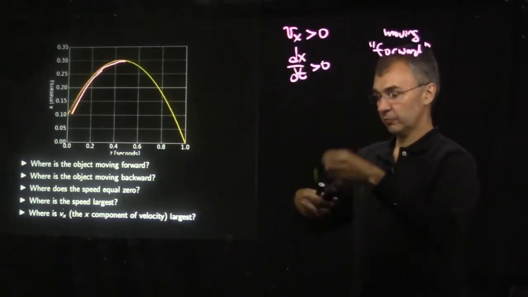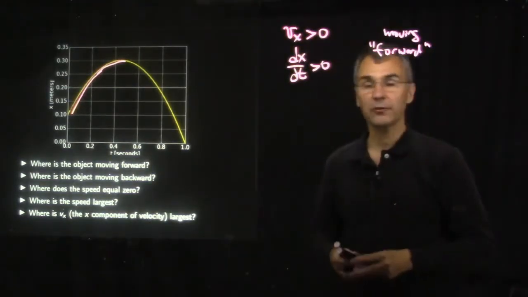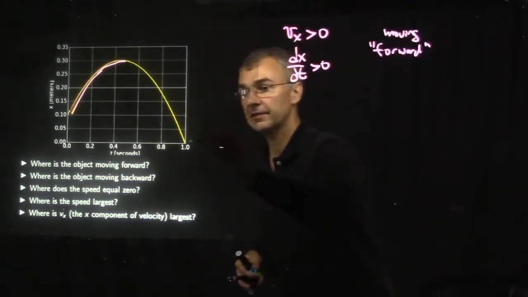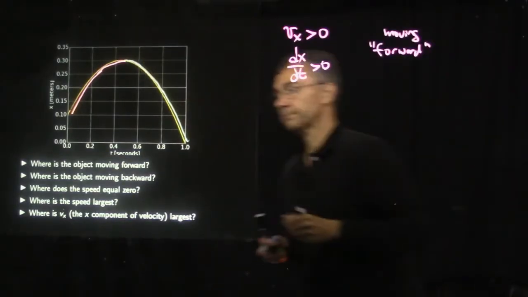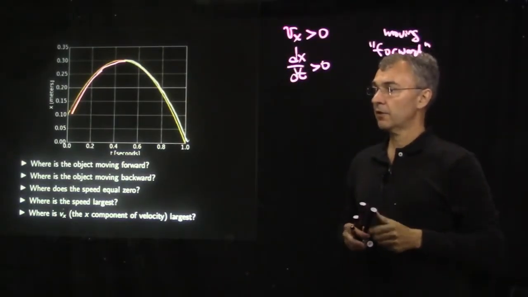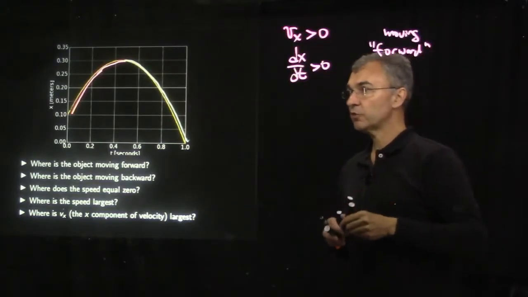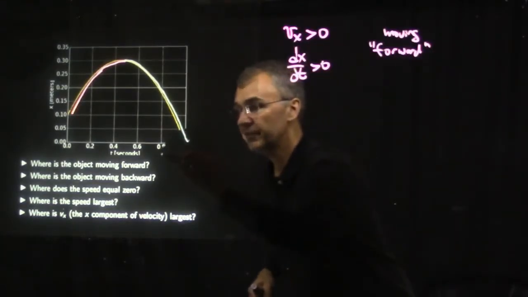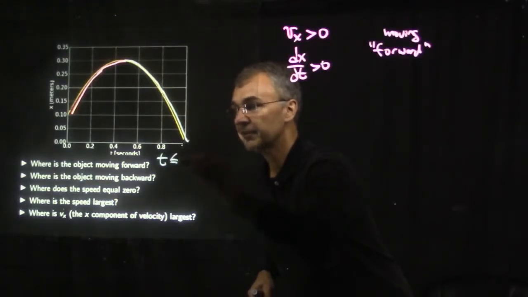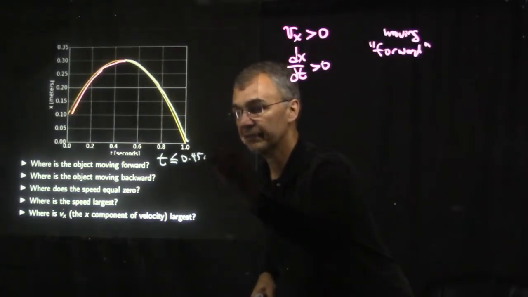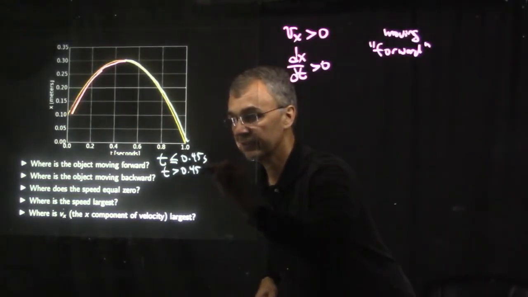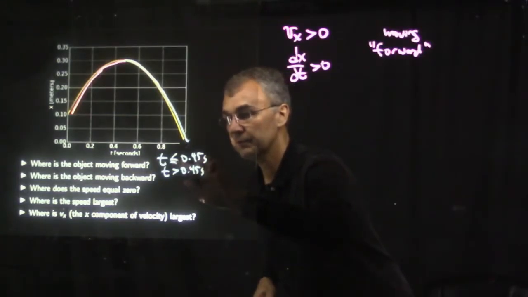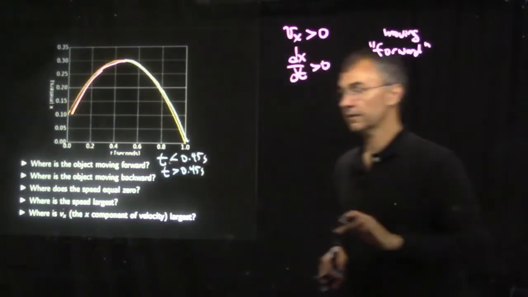I would say it's moving backward in this interval. So I'd say it's moving forward for t less than or equal to 0.45 seconds. It's moving backward for t, let's say, greater than 0.45 seconds.